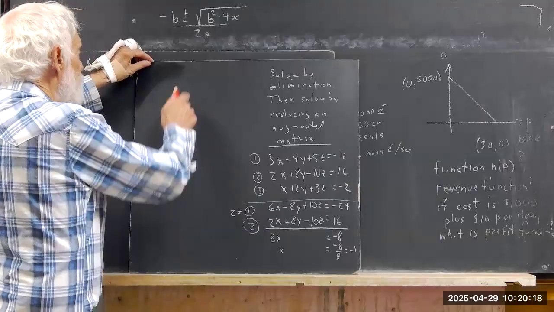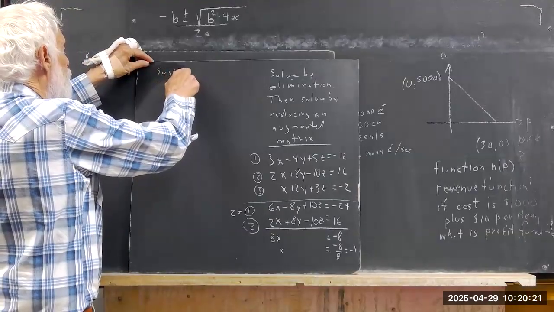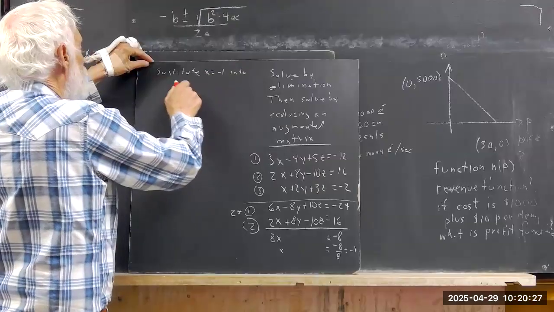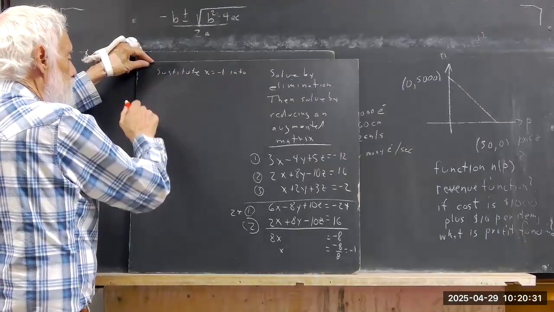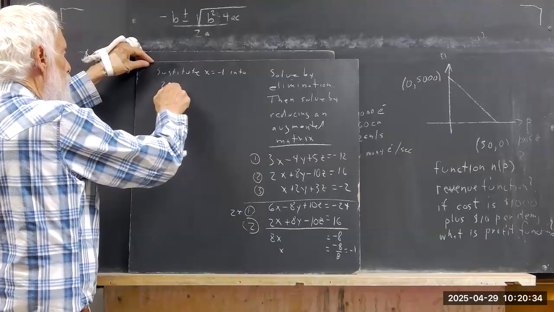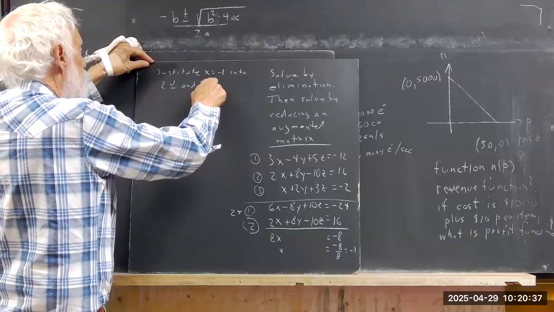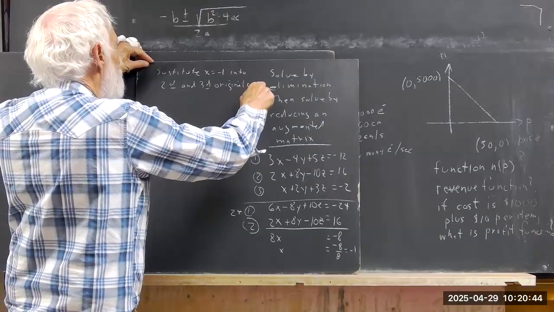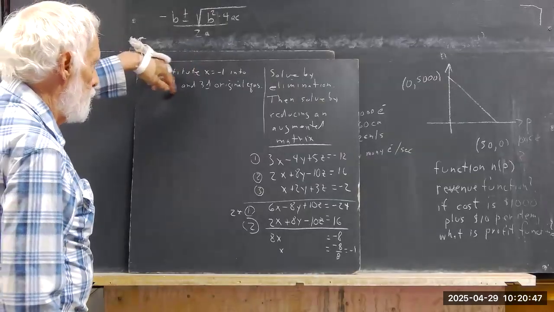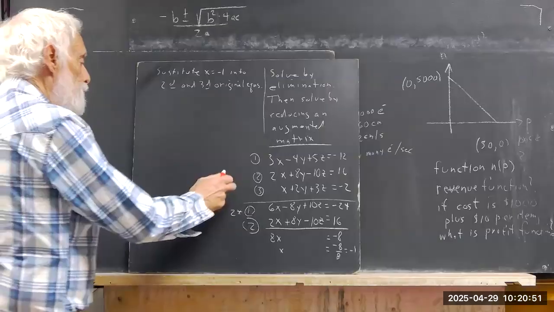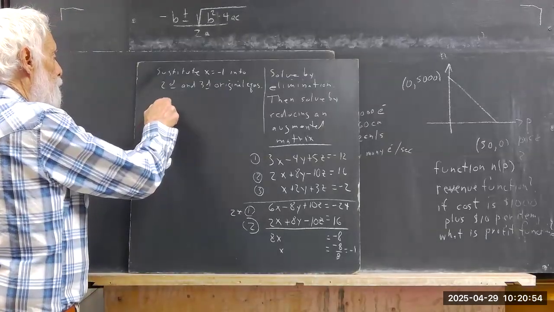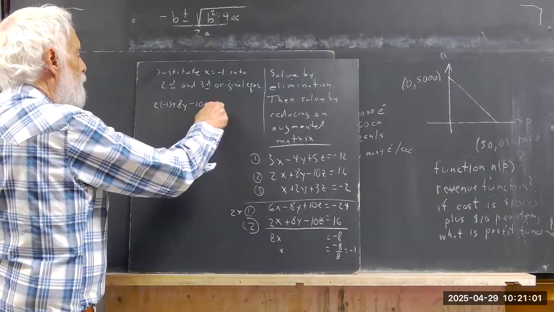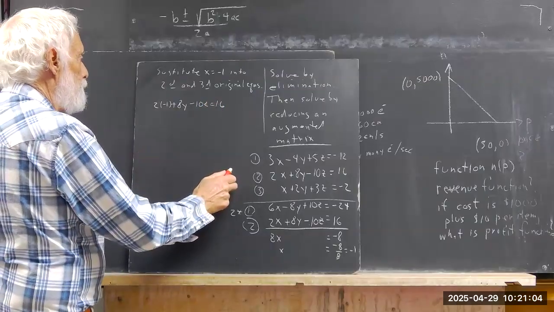Now I've jotted this down for what I was talking about earlier, but I'll do it again. So now substitute x equals negative 1 in the second and the third of the original equations. So the second is going to give us 2 times negative 1 plus 8y minus 10z equals 16.